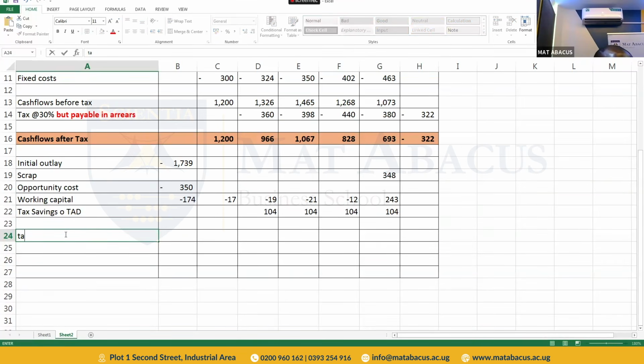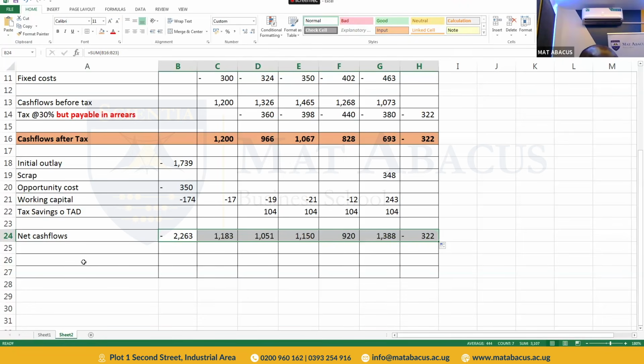You jump one line there to be neat, not mandatory. You get your cash flows, net cash flows. I will add them from that highlighted line, and up to year 6, make sure you include year 6. Then you get your NPV.